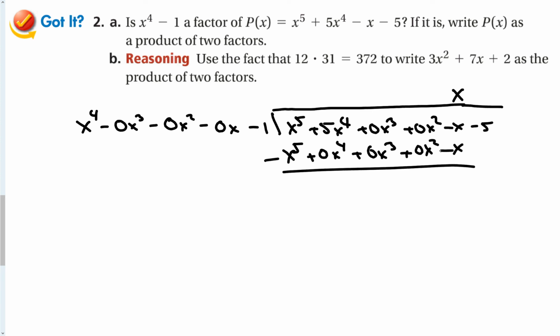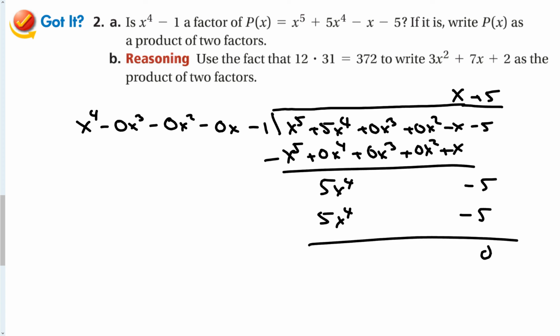Subtract, and we get 5x to the fourth, and then that's it, minus 5. And so divide, and we get 5x to the fourth, 0, 0, 0, 0, and a minus 5. And so, yes, it does work.